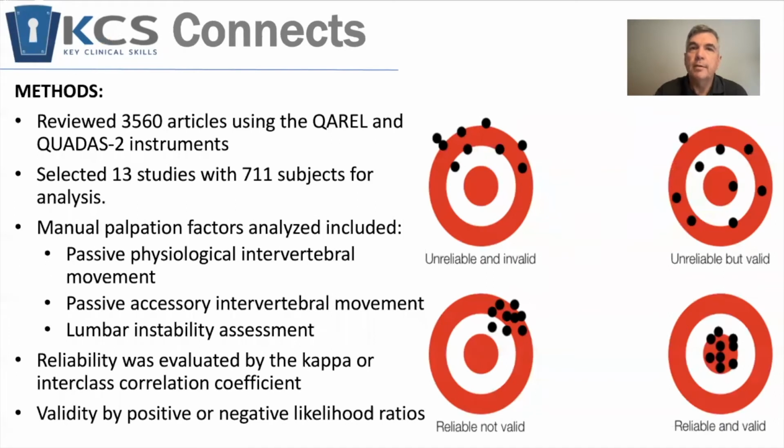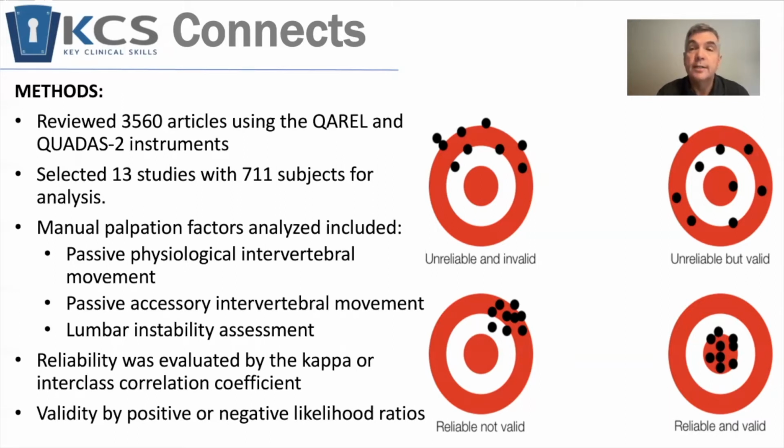So just a little bit of background here, the graphic on your right-hand side, nice little bullseyes, helps us appreciate the difference between these two. Let's go through those. The top left-hand bullseye, you can see the bullets are in the same general region, but out of the bullseye area, so that is reliable and invalid.